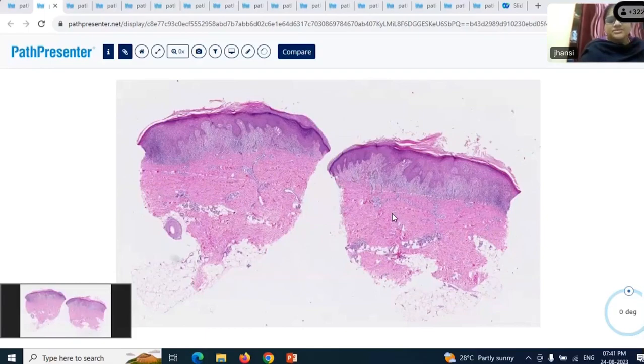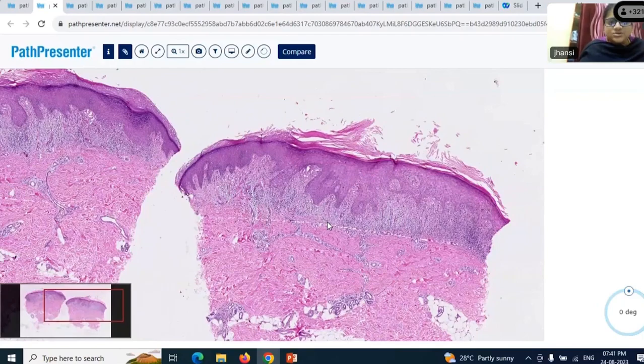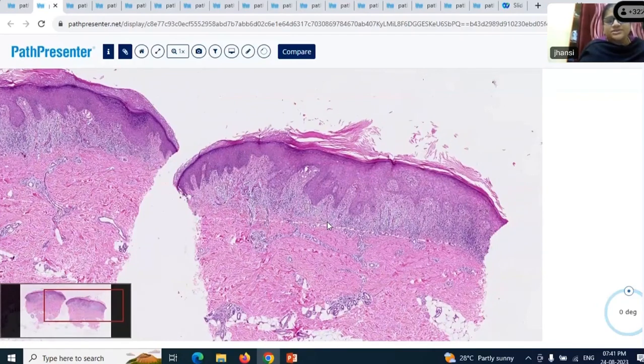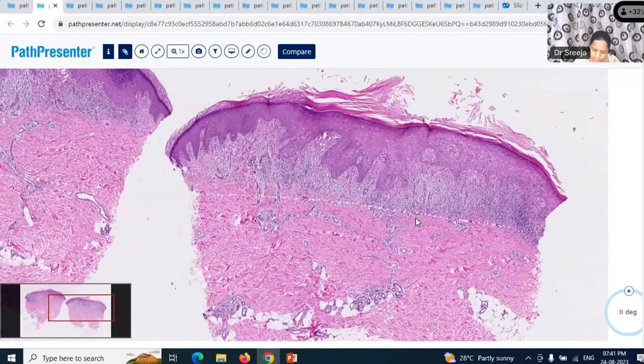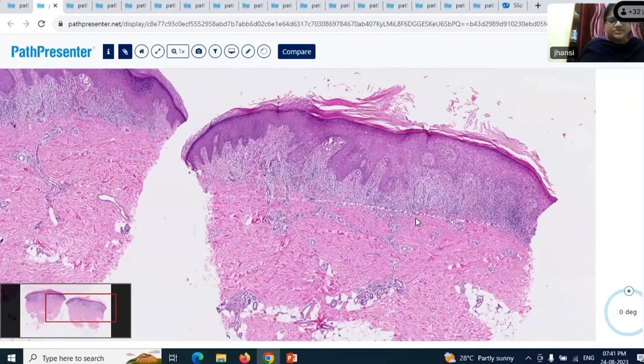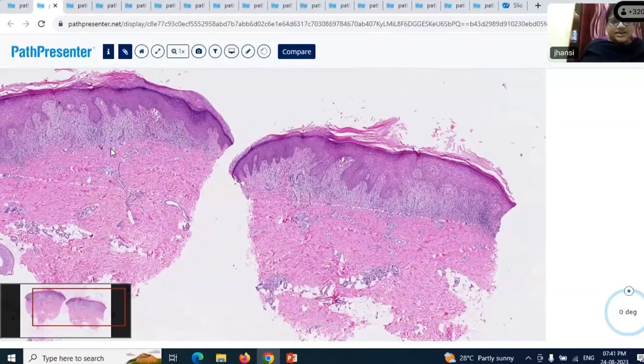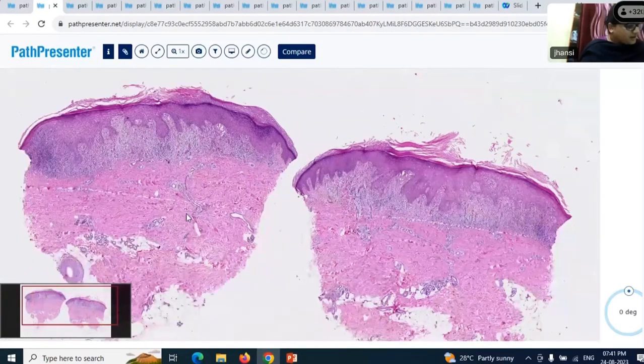In the superficial dermis, there is a lot of inflammation, ma'am. Infiltrate. What pattern would you call it? Lichenoid infiltrate. Okay, very good. Go on. Section shows keratinized stratified squamous epithelium with wedge-shaped hypergranulosis, ma'am.